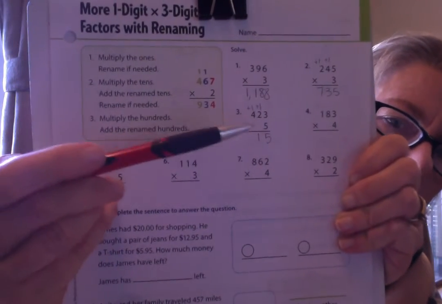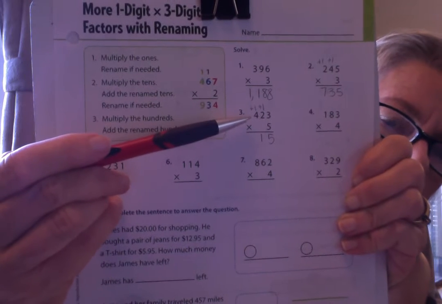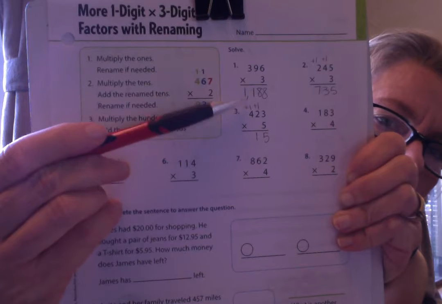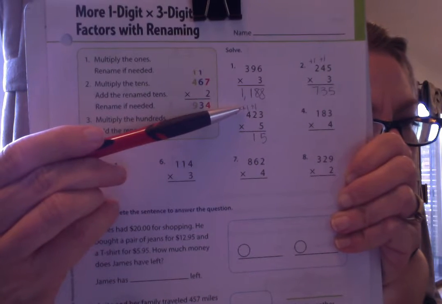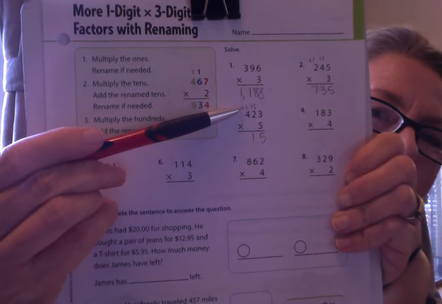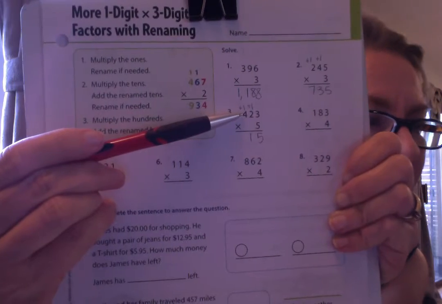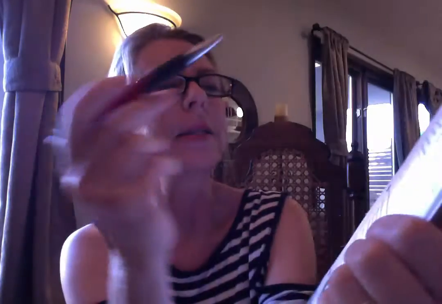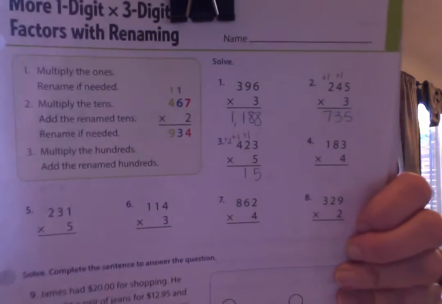We are going to multiply 5 times 4 hundreds. 5 times 4 hundreds equals 20 hundreds plus 1 more. Okay, 20 hundreds plus 1 more is 21 hundreds. Okay, so that means that we would take those 20 hundreds and rename them as 2000s, right? So you can put a little plus 2 there if you'd like to.